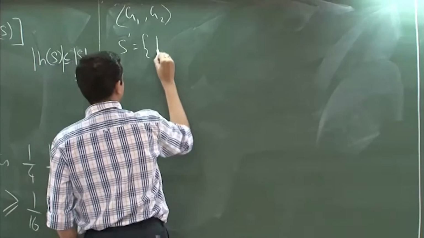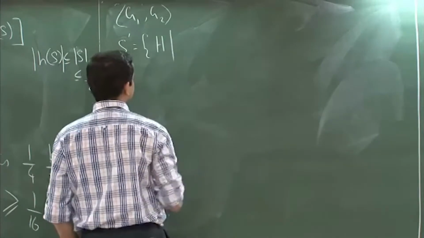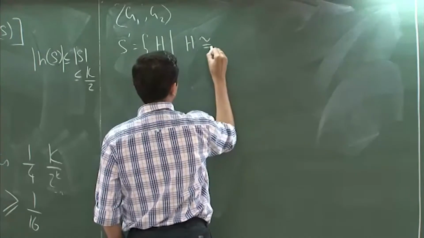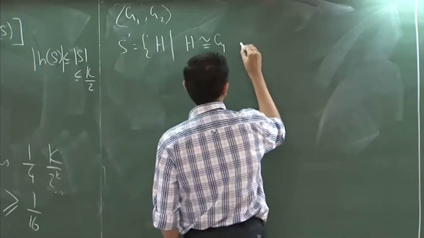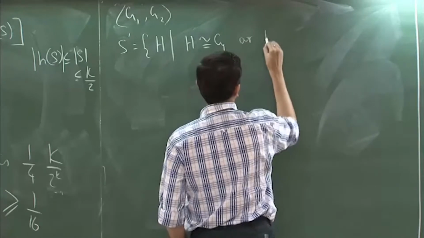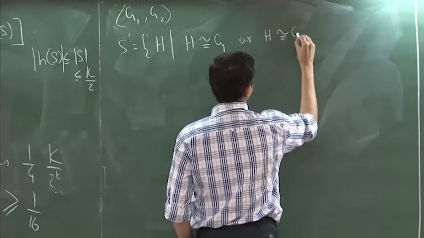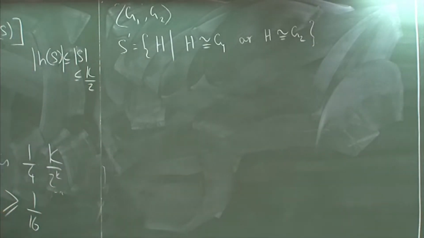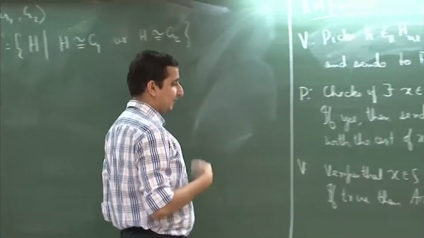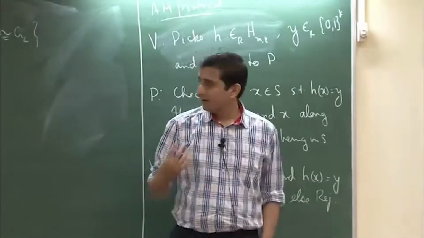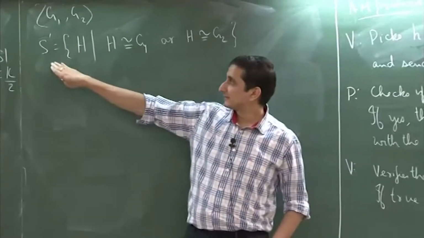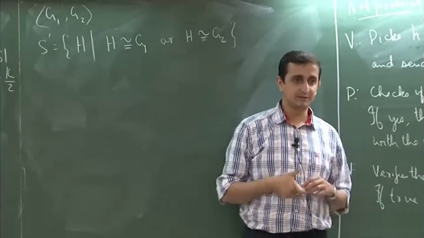Let us say this is the set of all graphs H such that H is either isomorphic to G1 or H is isomorphic to G2. Okay. So, what we want is that between these two cases, if G1 and G2 are isomorphic and if G1 and G2 are not isomorphic, the size of this S should have a large difference.